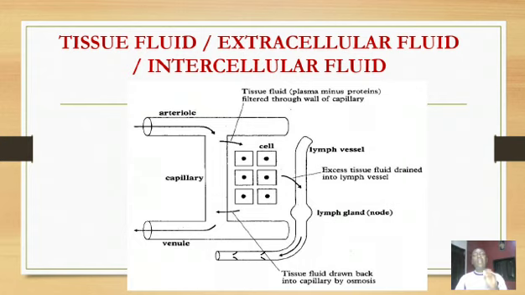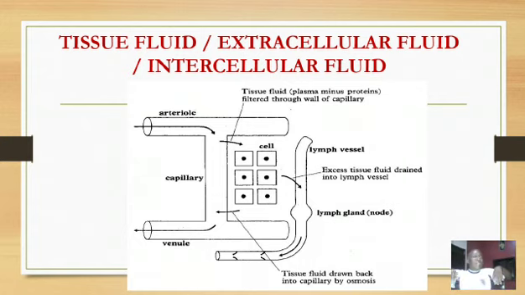That is why tissue fluid is also called the intercellular fluid. Why? Because the fluid does not enter the cells, but it is found in between the cells. That's intercellular. Also called extracellular, extra meaning outside.